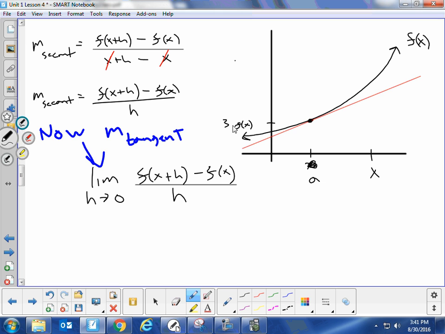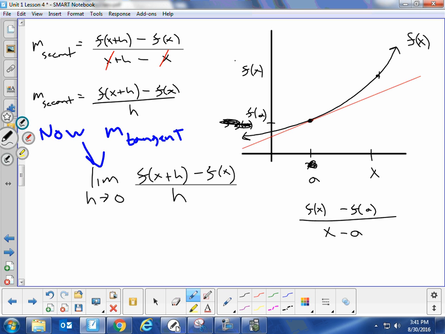X would have been here. This would have been f of a, and this would have been f of x up here, those 2 points. We'd have f of x minus f of a all over x minus a, right? Does that make sense? That's the formula for the slope between those 2 points.